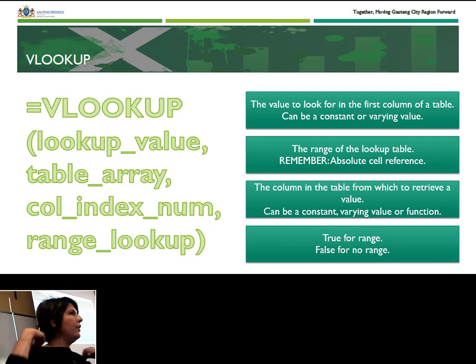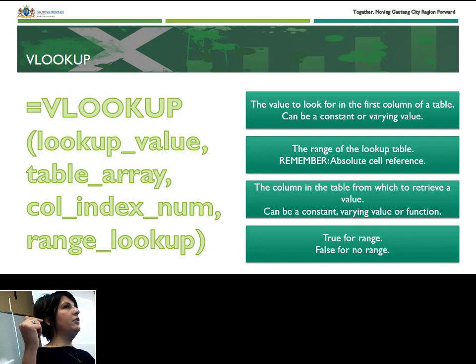Okay, before I go on, what is a range? What is a non-range? Because it's true for range, false for no range. So it's either true there's a range or false there is no range. What is a range? How do you explain it? Intervals between numbers. Between this and this is a range. What if it's not a range?